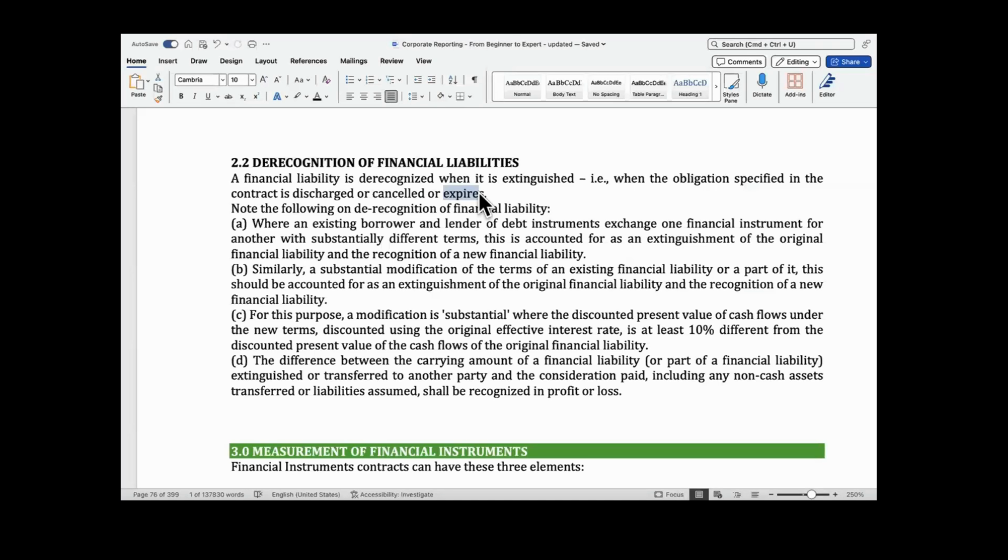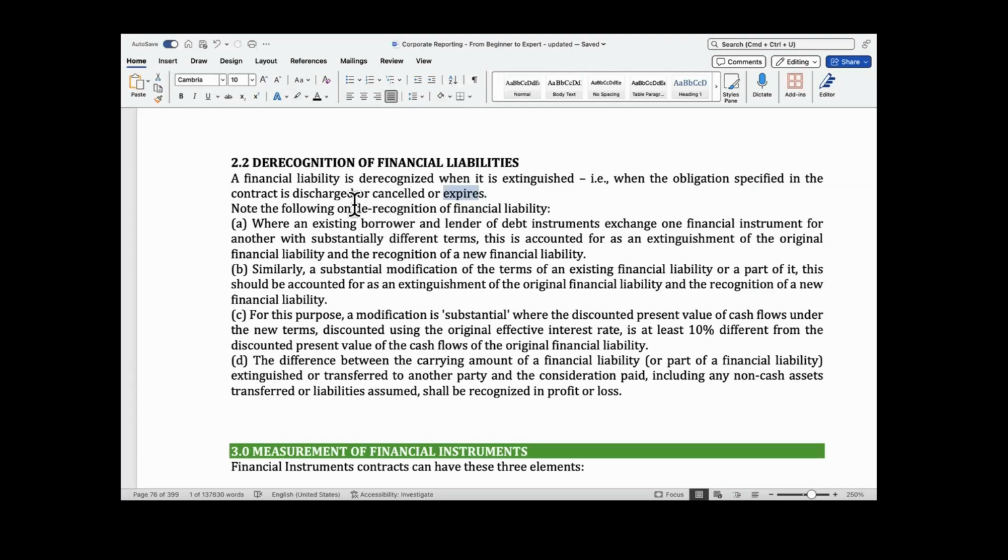Cancelled, the guy said, okay, pay no more. Expired, the period has elapsed. You have met some conditions. That is extinguished. Remove it from your books. So we need to be able to establish when it has been extinguished and when it has not been extinguished.